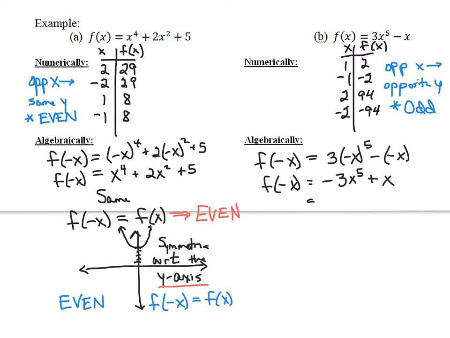If I factor negative 1 out of both terms, I see that it's going to be negative 1 times 3x to the 5th minus x. So this is telling me that f of negative x is the same as negative f of x. So it's the negation of the f of x function. When that happens, I see that I have an odd function, according to my definition.